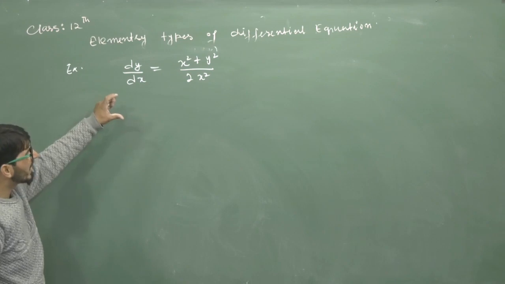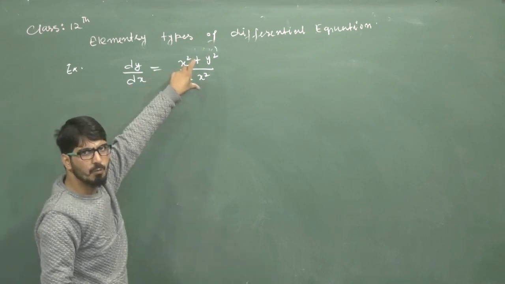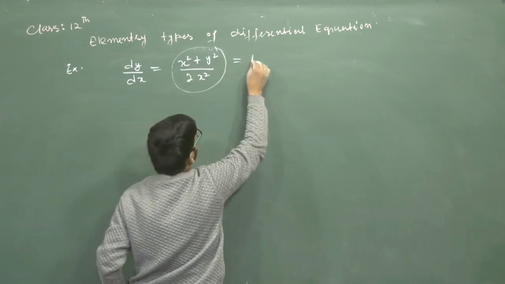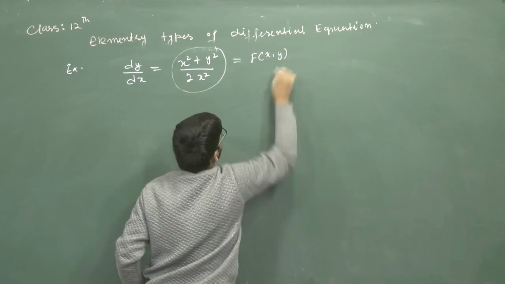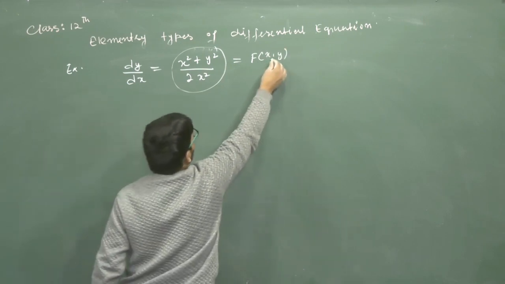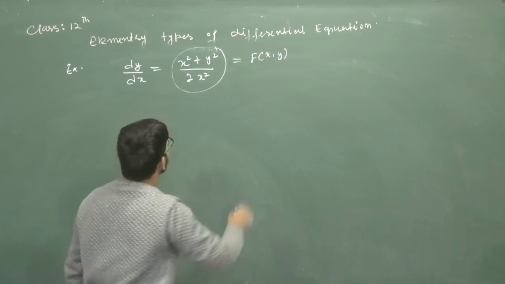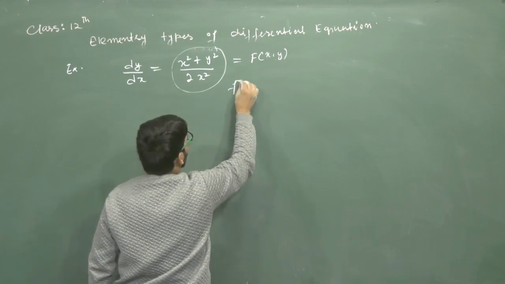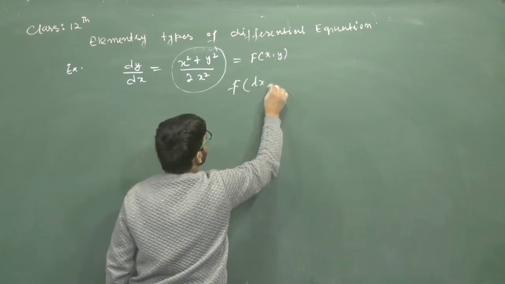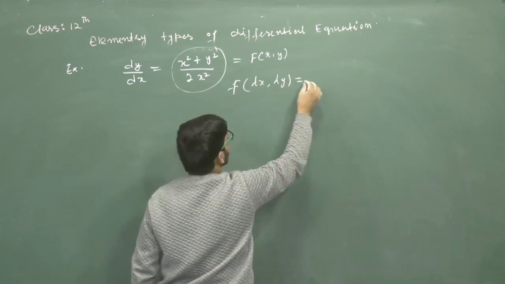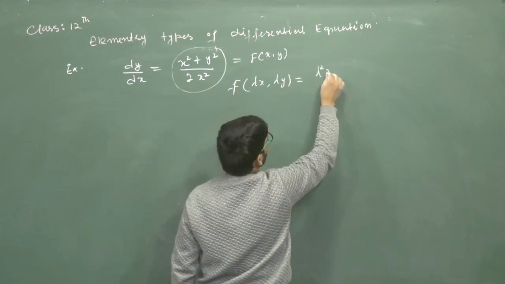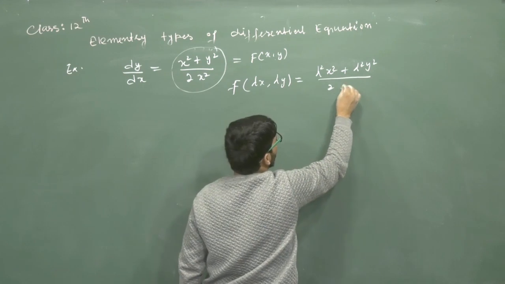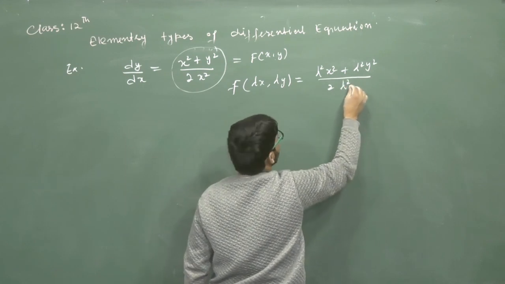So first of all, we will check, is this function homogeneous or not. As we know that this whole function is equal to f of x comma y. So after replacing x by lambda x and y by lambda y, we have f of lambda x comma lambda y is equal to lambda square x square plus lambda square y square divided by 2 times lambda square x square.